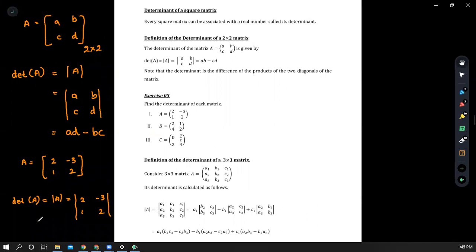Then we take the difference of the products of the diagonal elements. 2 times 2 is 4, minus 1 times minus 3. Here 1 times minus 3 gives minus 3, and minus into minus becomes plus. Therefore, the determinant of this matrix A is equal to plus 7.